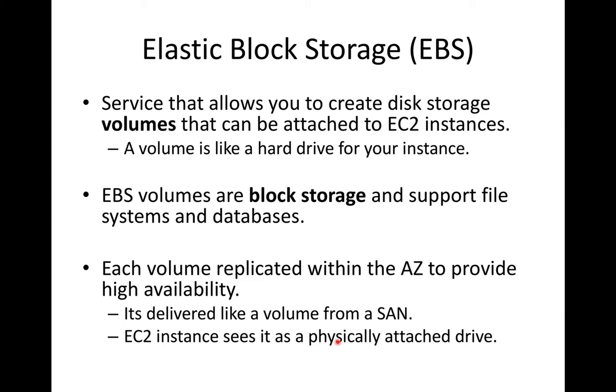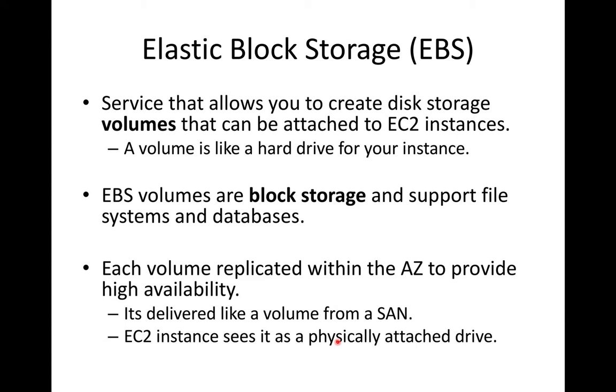These EBS volumes are block storage devices designed to support file systems. You install your operating system on the EBS, and you can run your databases and install your software and so on. So EBS volumes are just like hard drives.